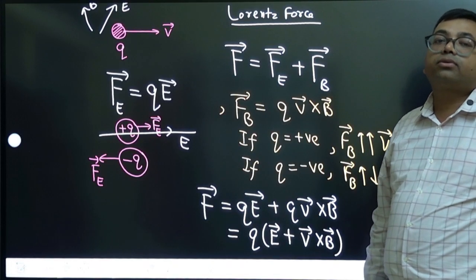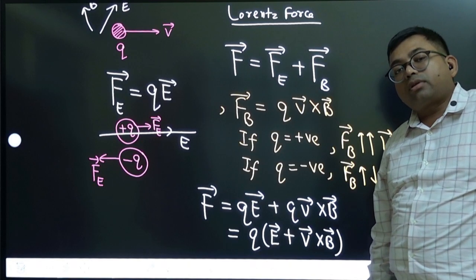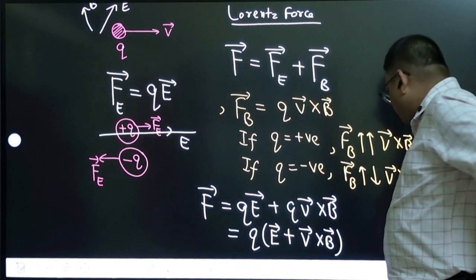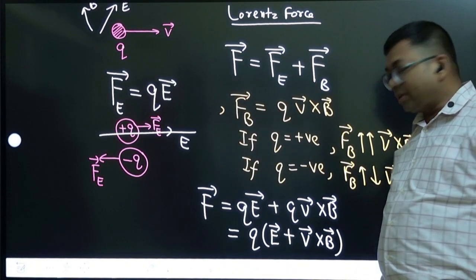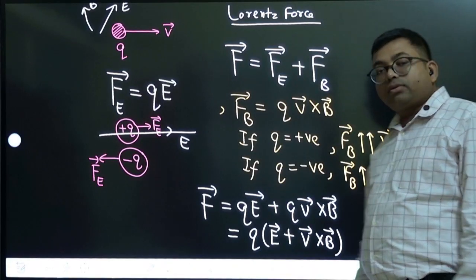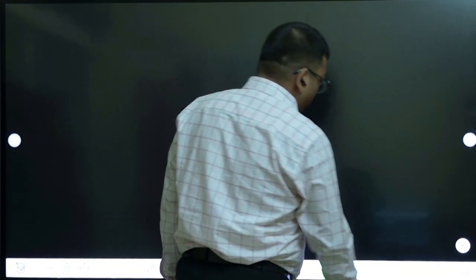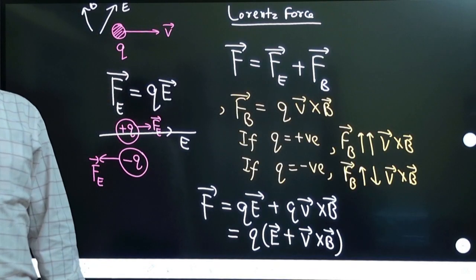The cyclotron topic is also there, but I think it is not there in NEET. In your board exam it may be there. We'll see that. In NCERT it is given, right? Cyclotron is given. Did you see that?